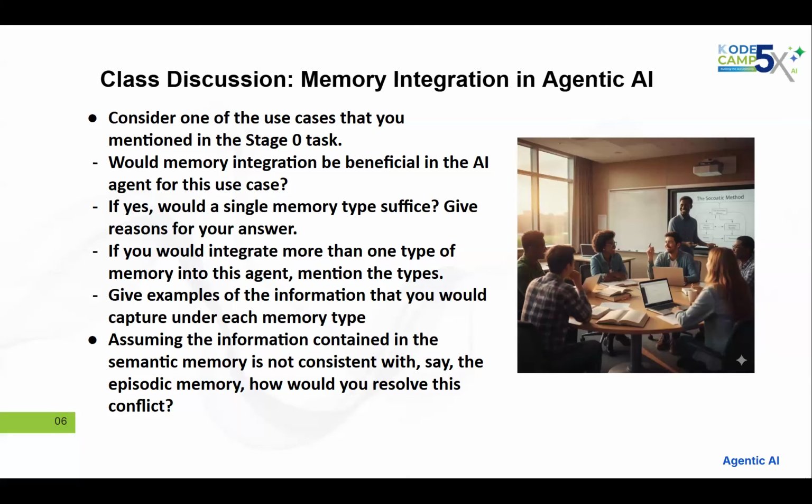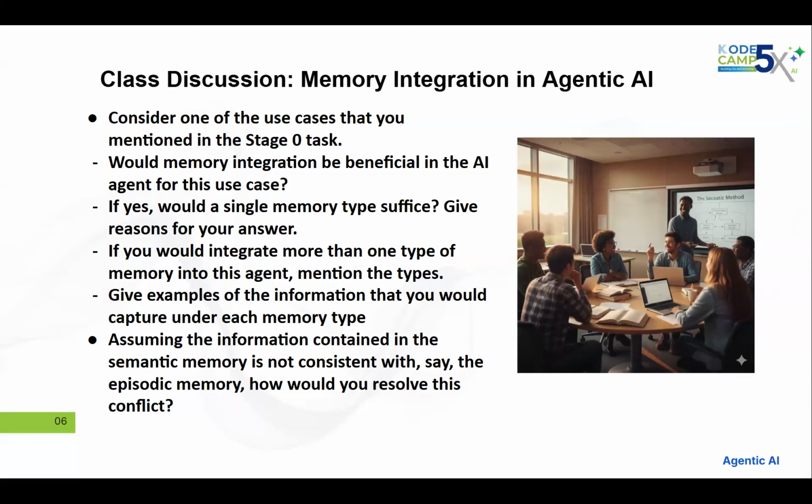Now, by types of memory here, I'm thinking of semantic, episodic, and procedural. And tell us why you think, if you say yes, that a single memory type would be sufficient, tell us why. If you say no, a single memory type would not be sufficient, tell us why.